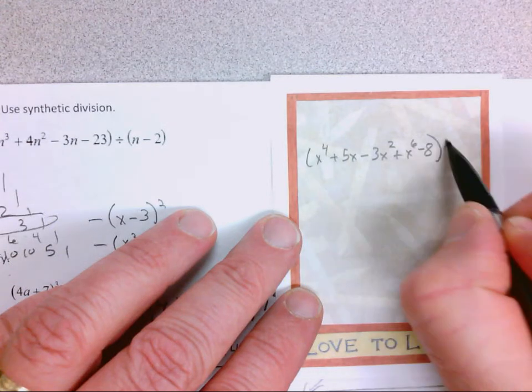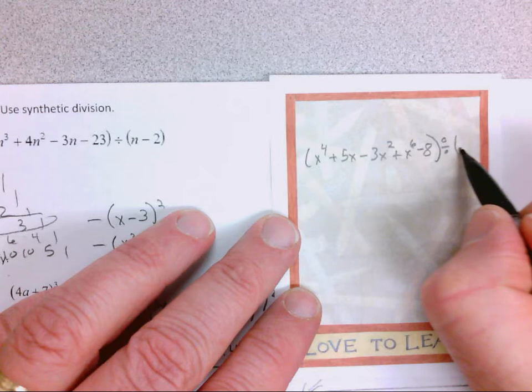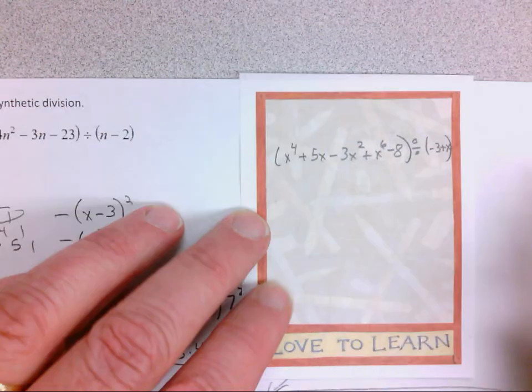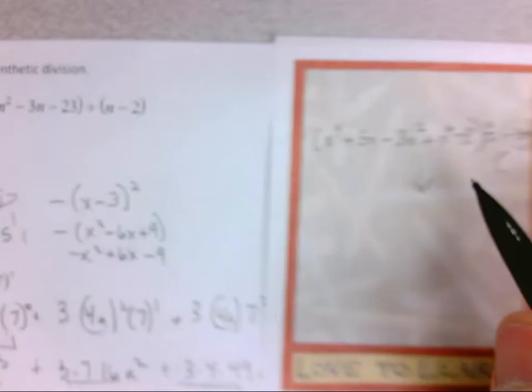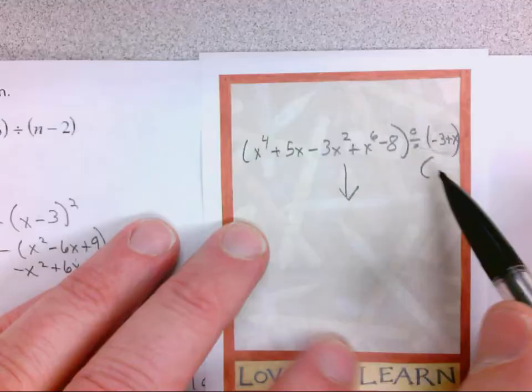So if you were going to do this problem, using synthetic division, you'd want to rewrite this as x minus 3. So you know you'd have a 3 outside.